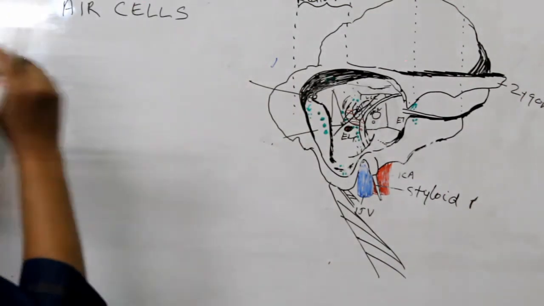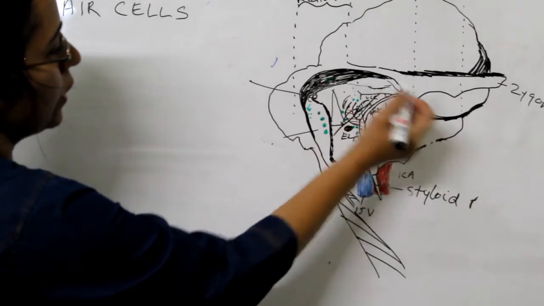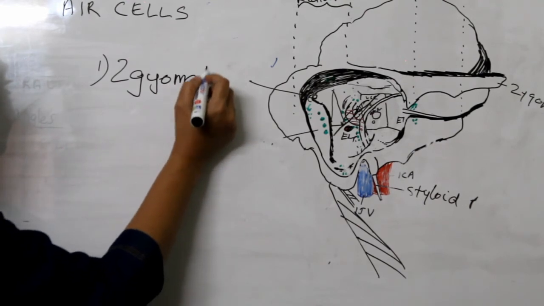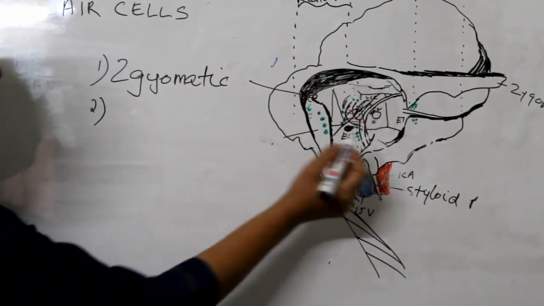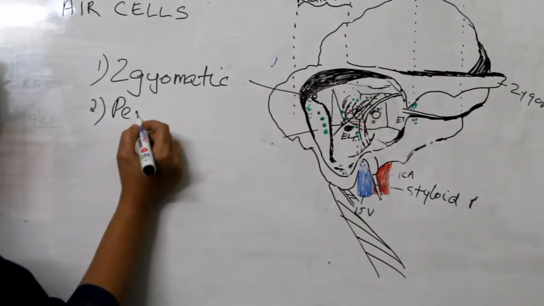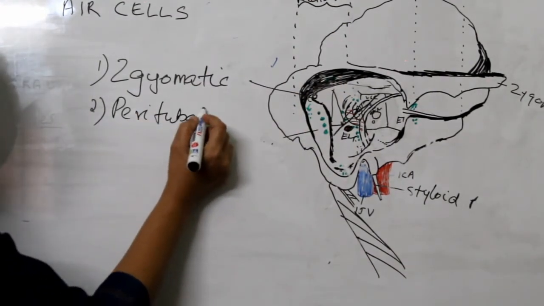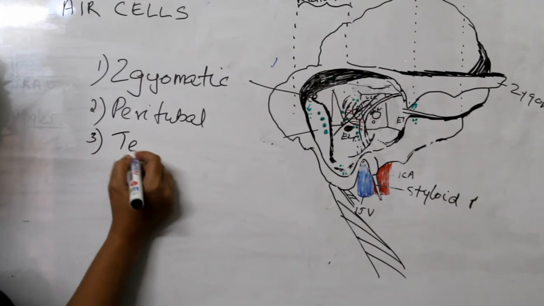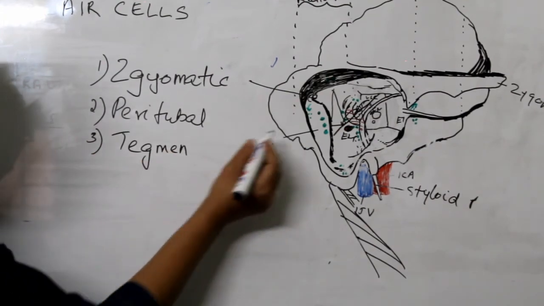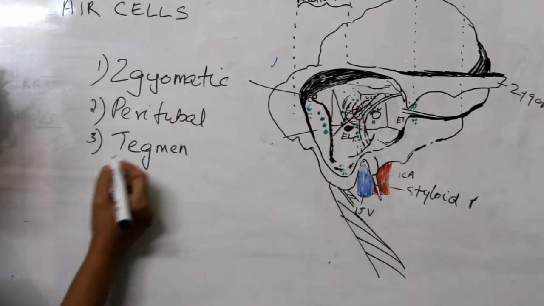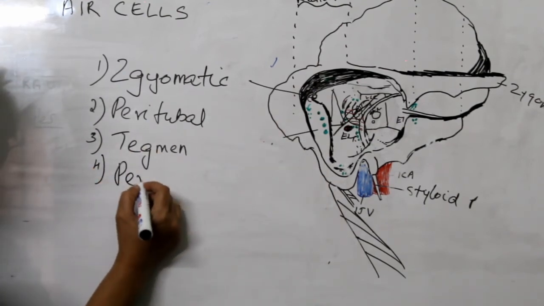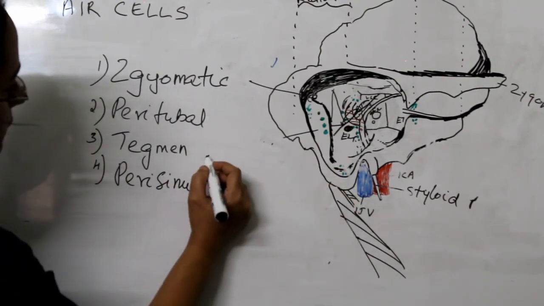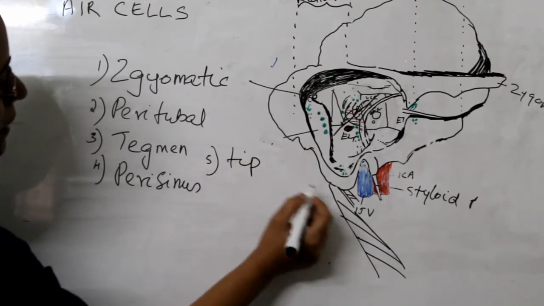They are: zygomatic, around the root of zygoma. Then peritubal, around the eustachian tube opening. Then in the tegmen plate there are tegmen cells. Then perisinus, around the sigmoid sinus. Then there are tip cells towards the tip of the mastoid.